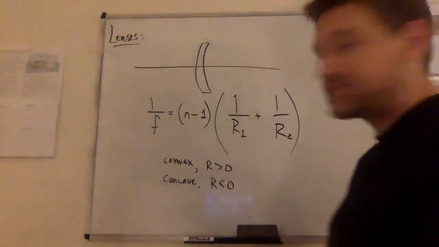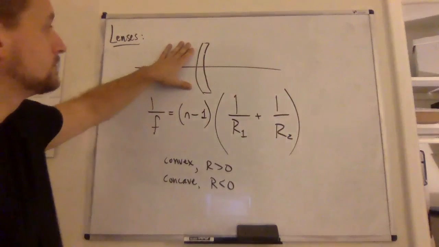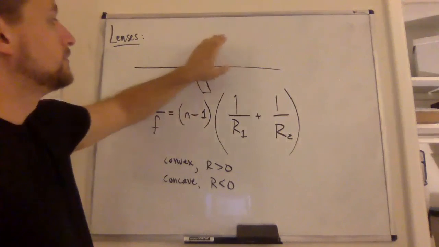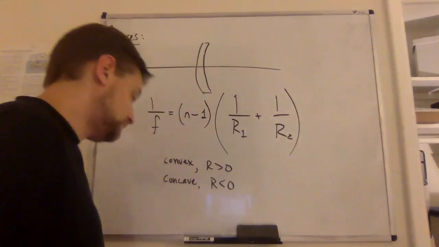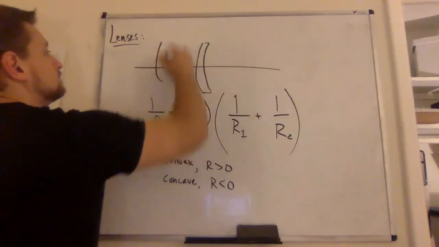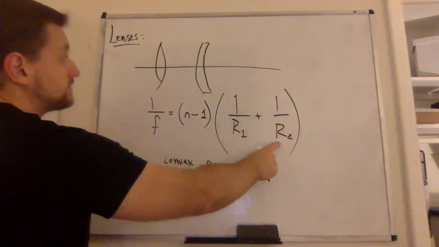The left surface for a lens like this is convex. It bubbles out. The right surface is concave. It bubbles in. A double convex would look like this, and that would be 1 over positive plus 1 over positive.